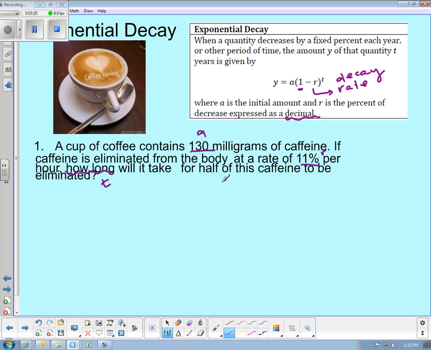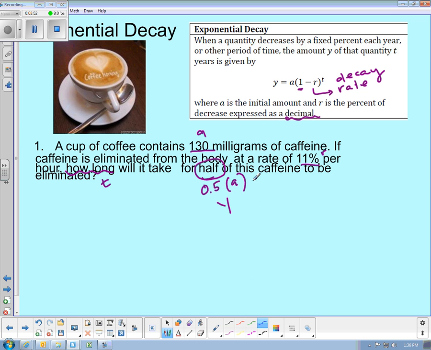The other thing that I have to consider is what does that half mean? Half would be 0.5 of whatever the starting value is, and that is going to be the y. That's the end result. So this is one of those where I'm missing something within the formula. I'm not looking for the end result; here I have the end result. So I have to think about what half of my a value is.